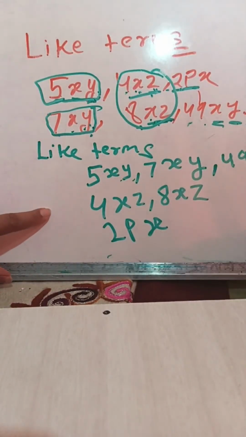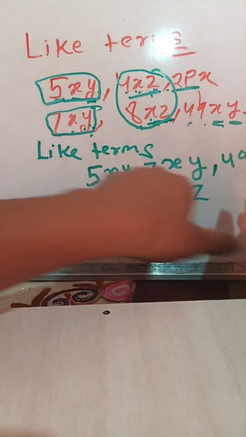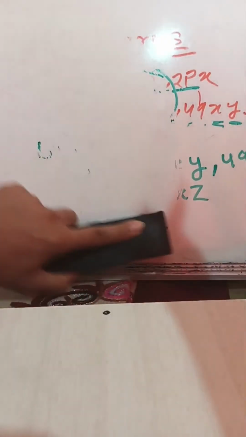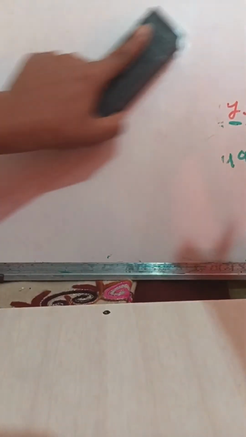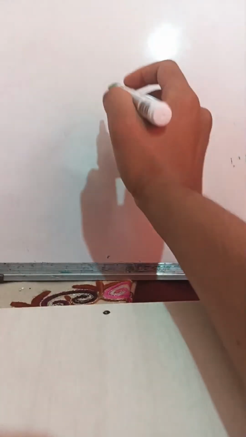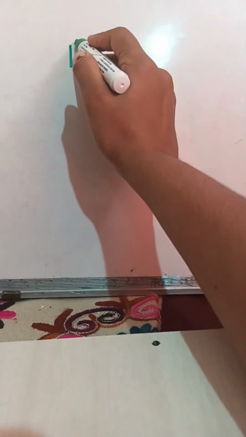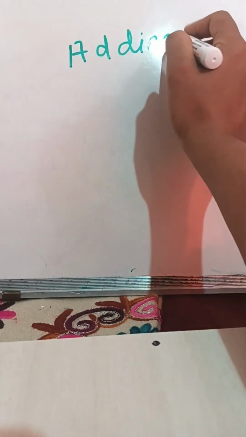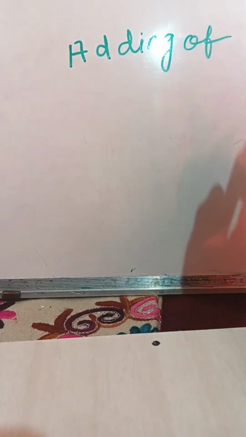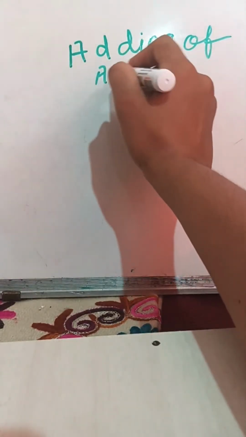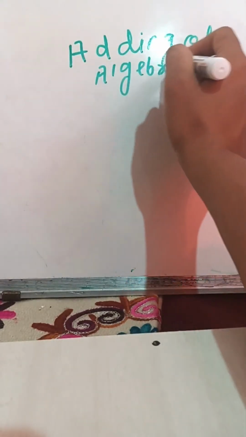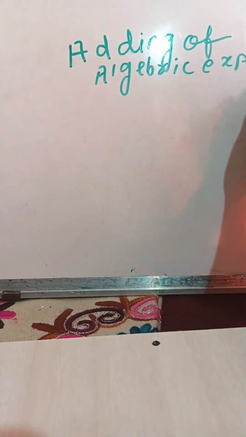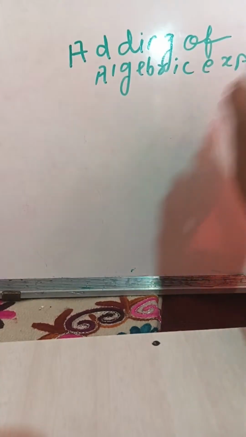Now we'll go to another part: adding algebraic expressions. How do we add them? We can add only like terms.